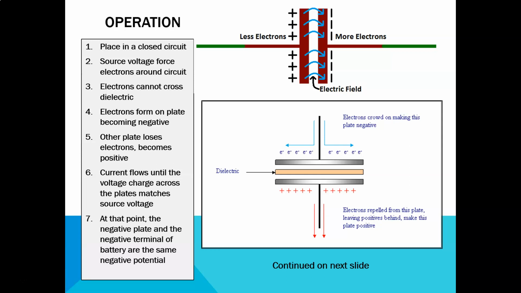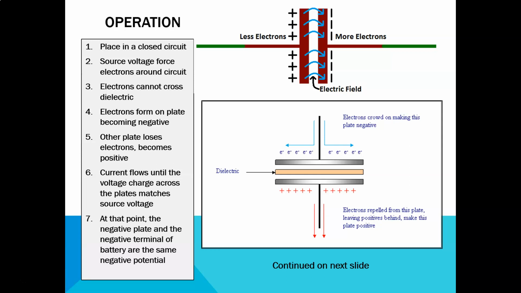So what we see here is we place the capacitor in a closed circuit, right? Power is flowing. The source voltage forces the electrons around the circuit. They're trying to leave.